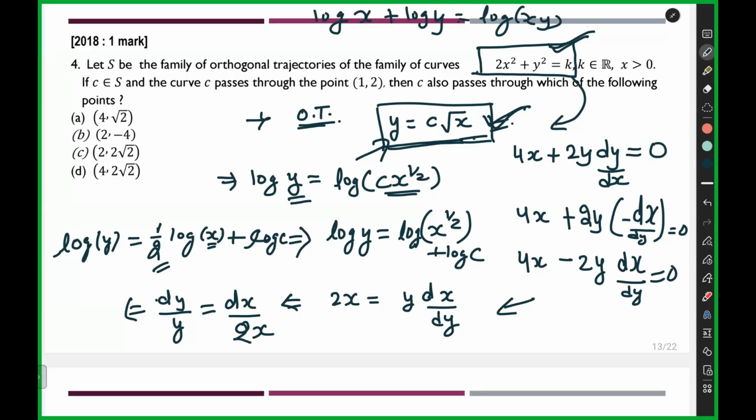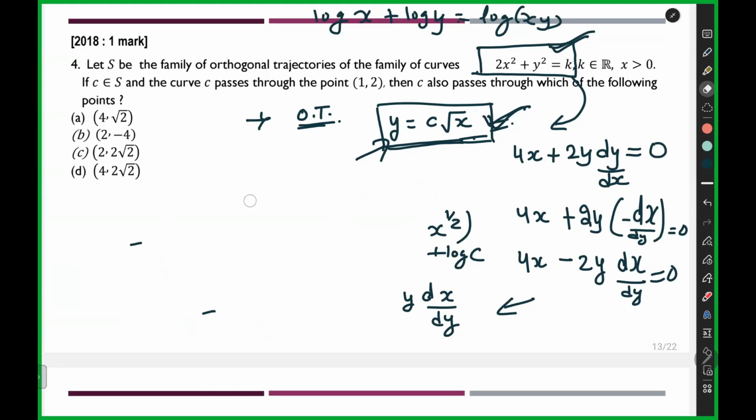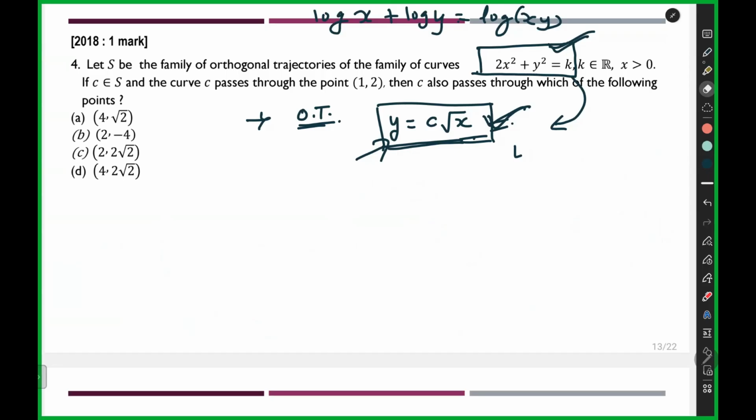Yes, sir. Okay, now let me erase this part. Now what is given next? It is given that if C belongs to S and the curve C passes through the point (1, 2).